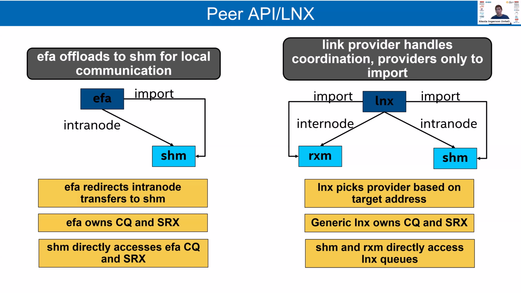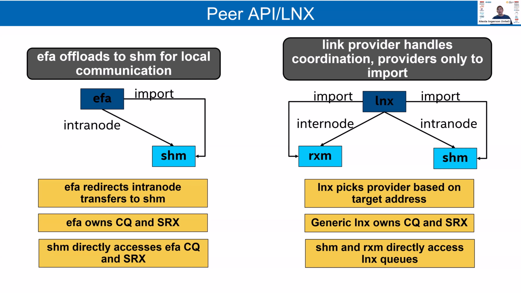Similar to the EFA setup on the left, once that message is redirected to the appropriate provider, LNX doesn't have to manage that transfer anymore, as it's completely in RxM or SHMEM's hands. And once the transfer is done, the provider who sent the message will just write a completion directly into the application CQ, which will be available on the next CQ read call. So LNX doesn't have to intercept and copy that completion over anywhere from one provider to the app CQ.